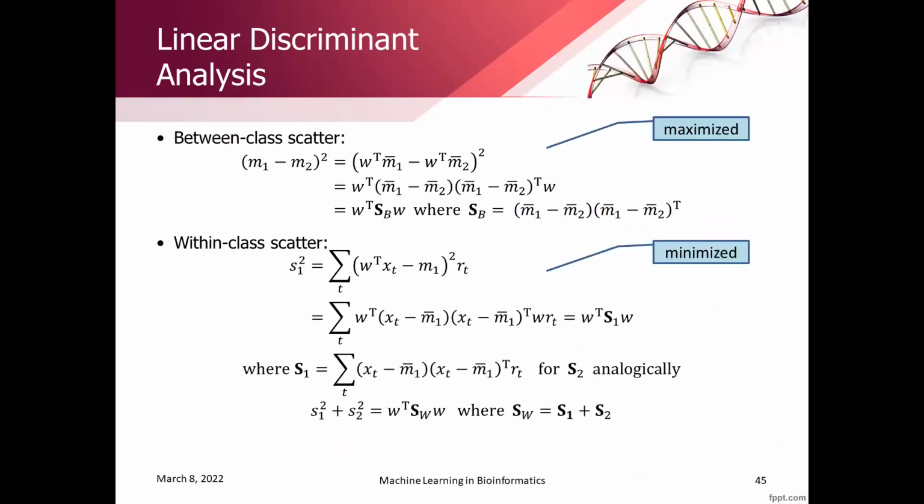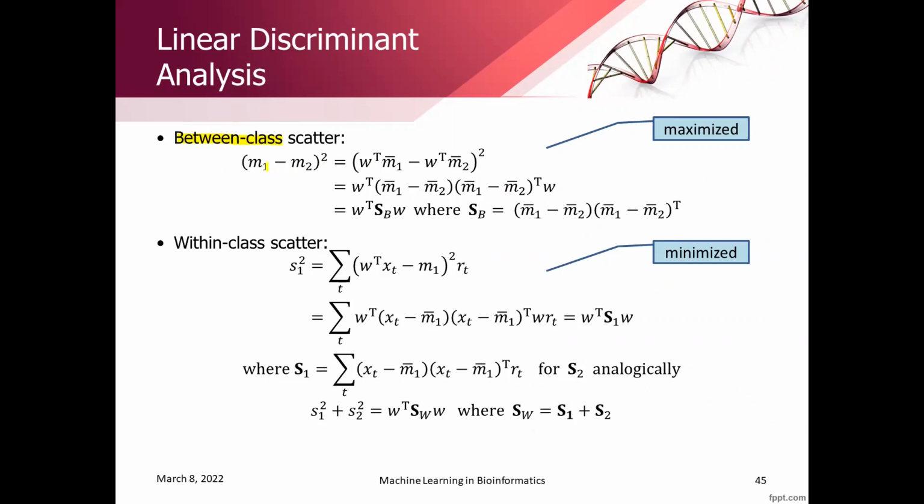The square of the differences M1 minus M2 is called between class scatter. So you would like to separate the classes. And we can express that by simply transforming the formula.